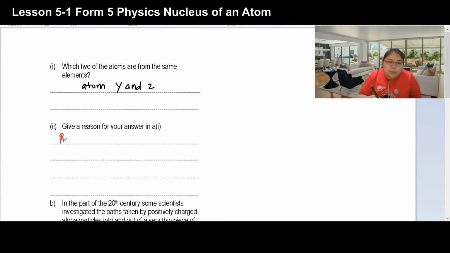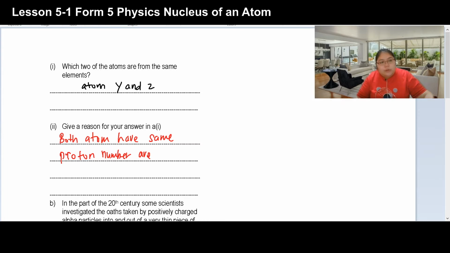Both atoms have the same proton number. You can say proton number, but normally we never mention electron.